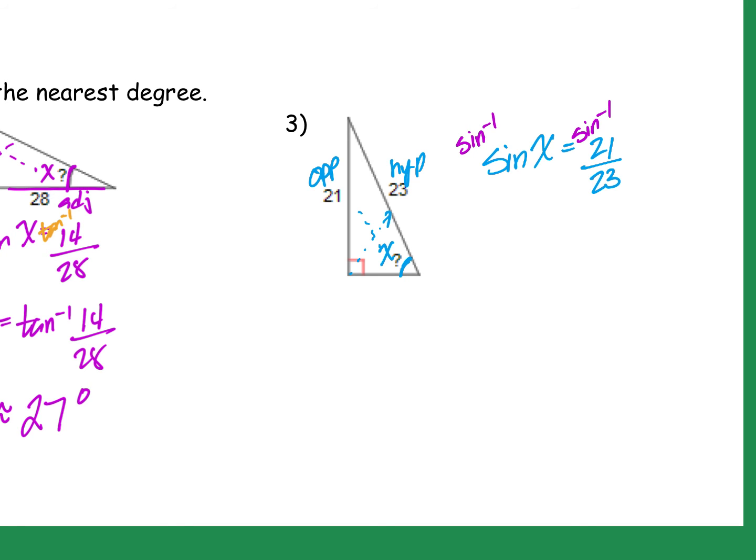So x is going to equal sine inverse of 21 divided by 23. It's 66 degrees.